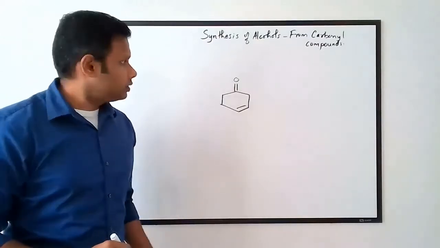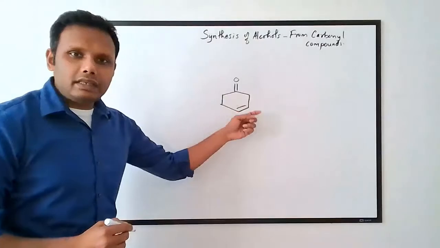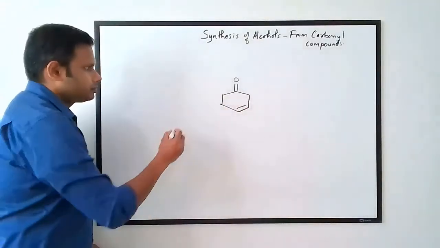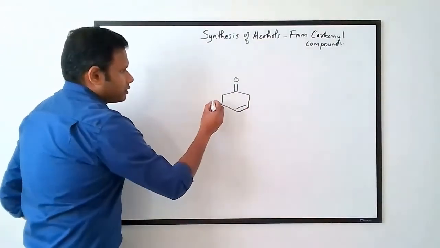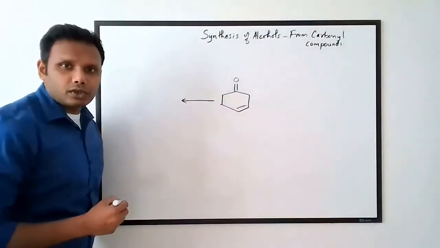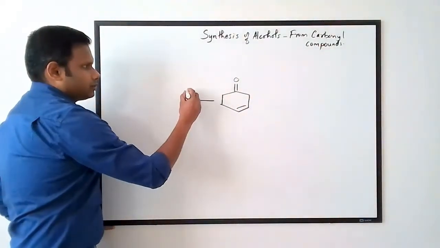That's a ketone, but notice there's also a double bond, an alkene in it, okay? So if we have a ketone like this, and we do a catalytic hydrogenation on it, which was the first method for reducing that ketone.